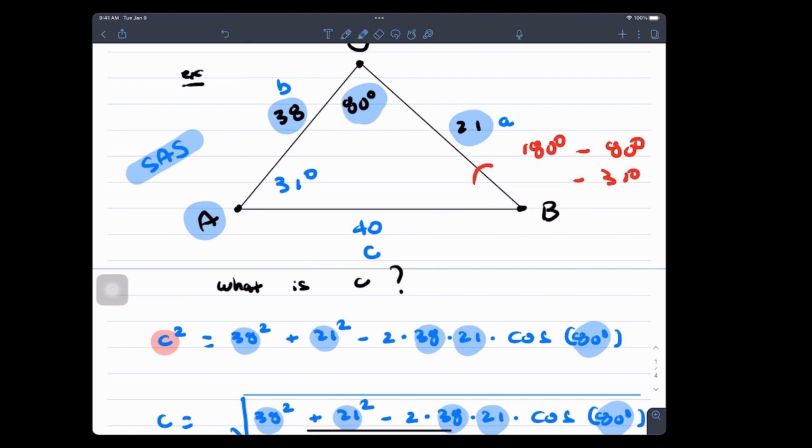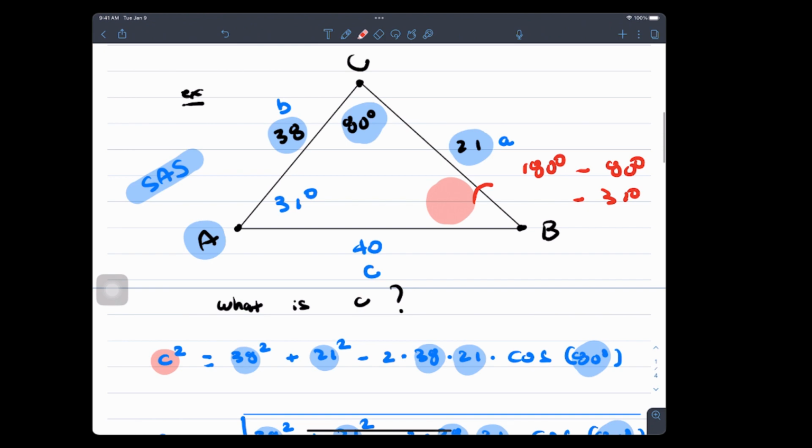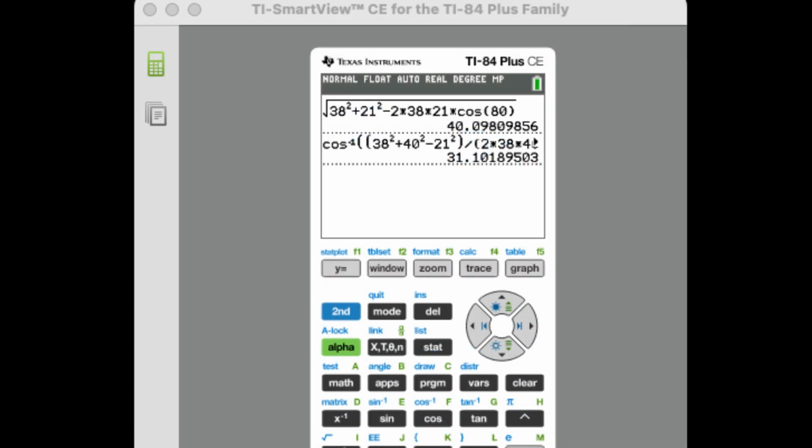I can get the remaining angle with the fact that the sum of the interior angles for any triangle is 180. So you say, well, what's that going to be? Well, let's take a look. 180 minus 80 minus 31, 69 degrees.